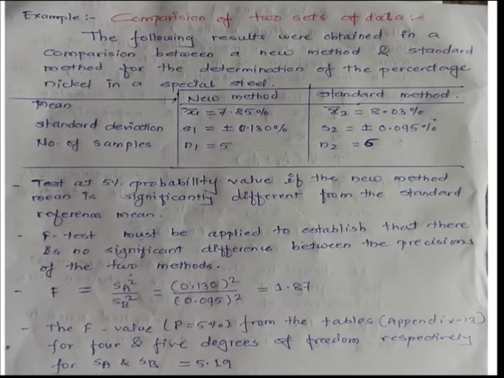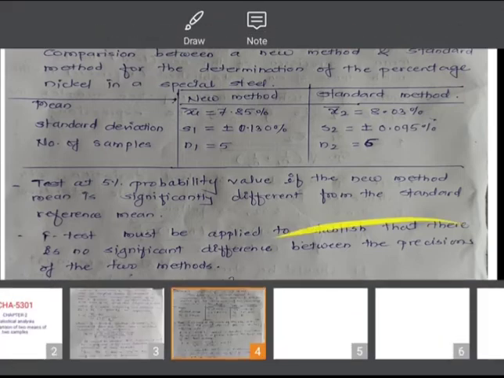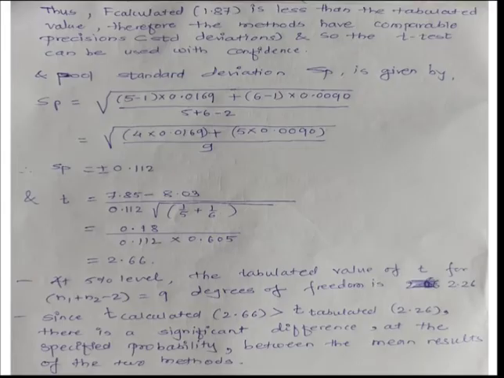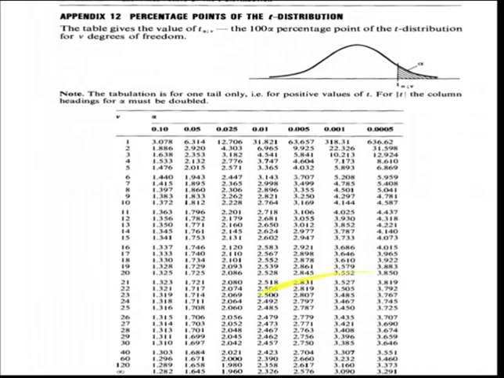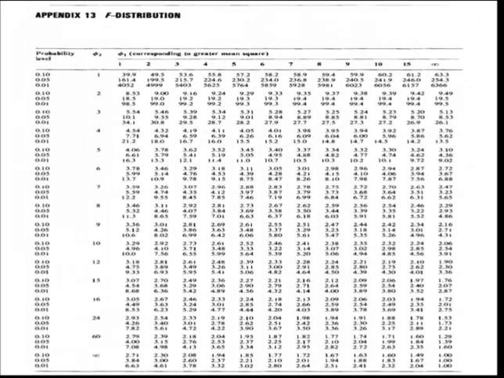The F value at probability 5% from the tables, which is already provided to you from the Vogel textbook, is given for 4 and 5 degrees of freedom respectively for S1 and S2, which is equal to 5.19. I will show you this value. This is an F table.